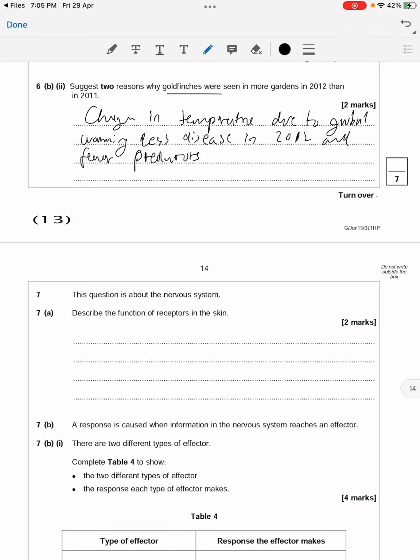The question is about the nervous system. Okay, the human nervous system is a pretty interesting chapter. Describe the function of receptors in the skin. Receptors are those that detect changes in the surroundings.